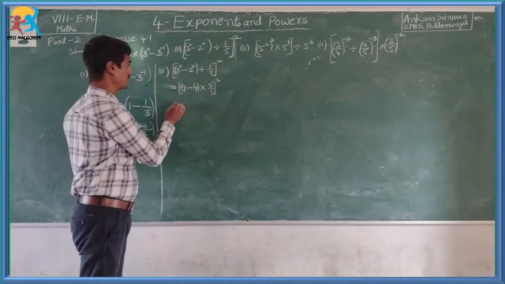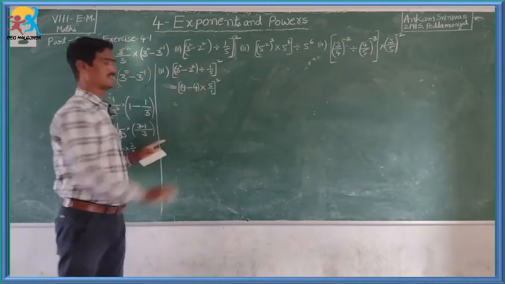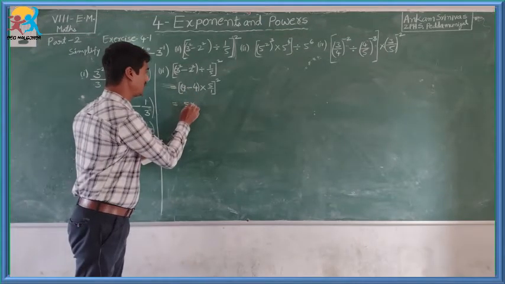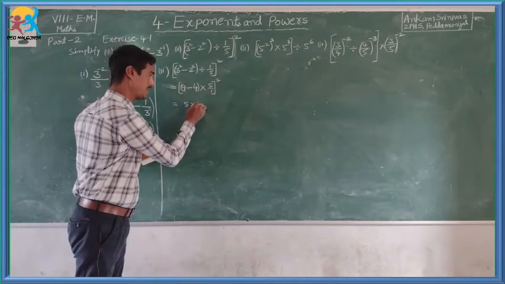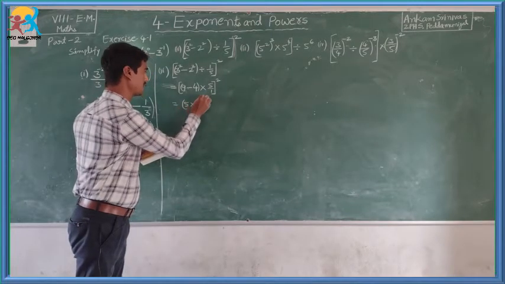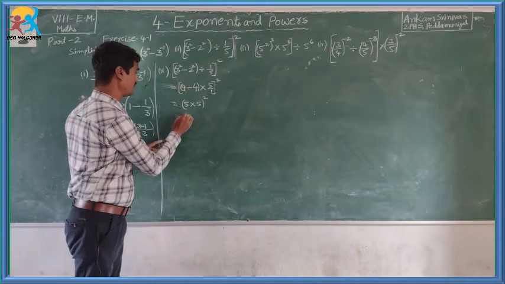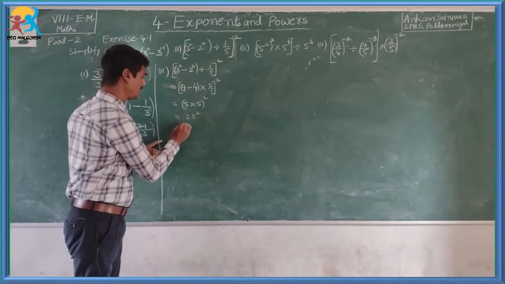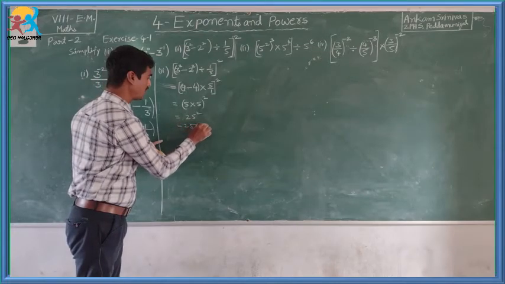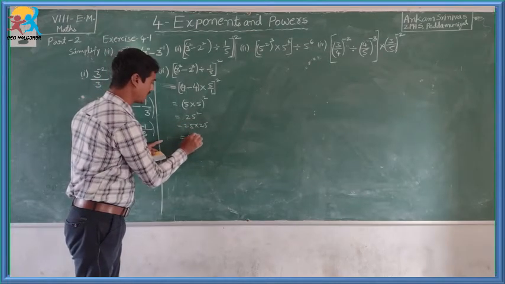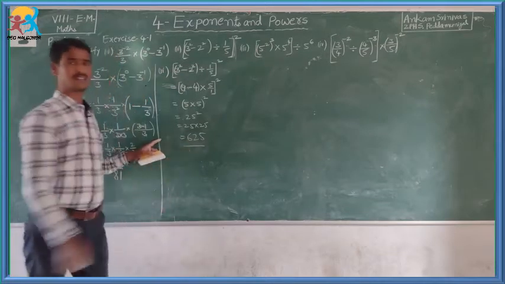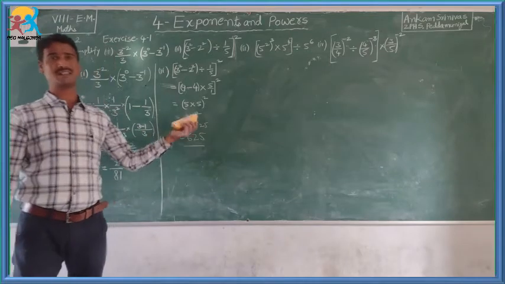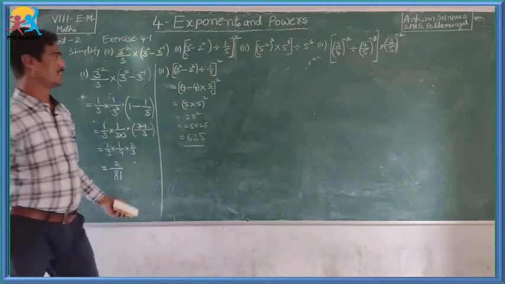Next, dear children, 9 minus 4, 5. 5 into 5 by 5 means nothing but 5. 5 square, we will get 25 square. 25 means 25 into 25 equal 625. How easy to solve the problems! Simplification of the given problems, very easy.